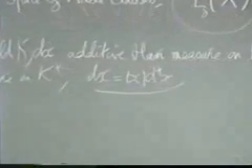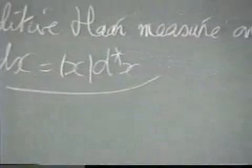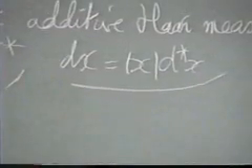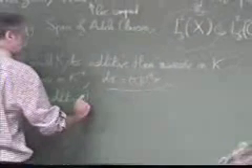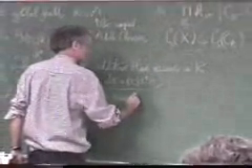Now, it's a little bit more subtle when you consider the global situation. In the global situation, what you have is the following. You have on the ring of Adeles the additive Haar measure, dx. And you also have the multiplicative Haar measure for the Ideles, which is d star x.